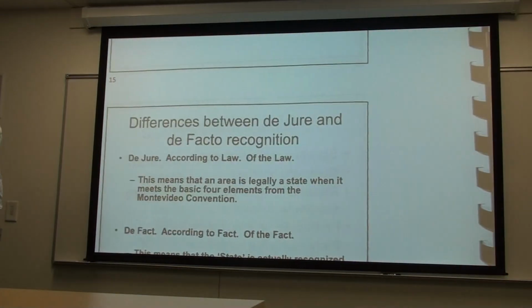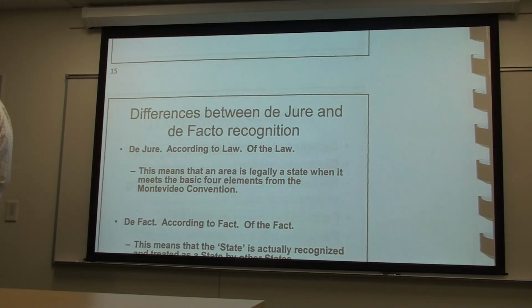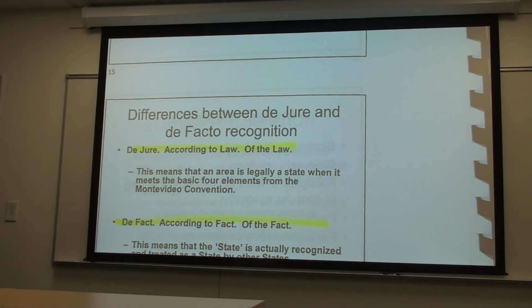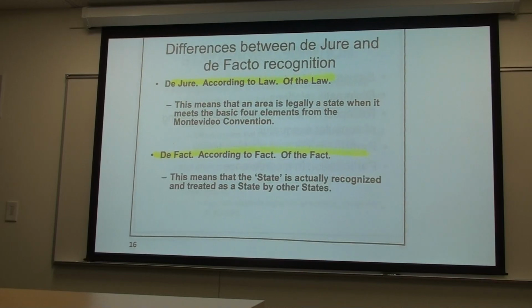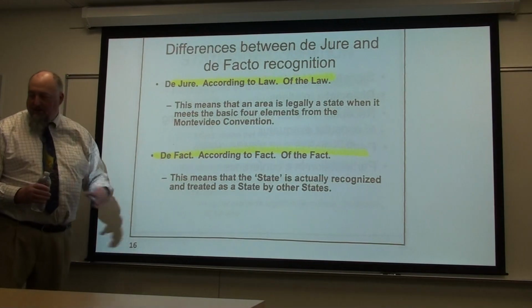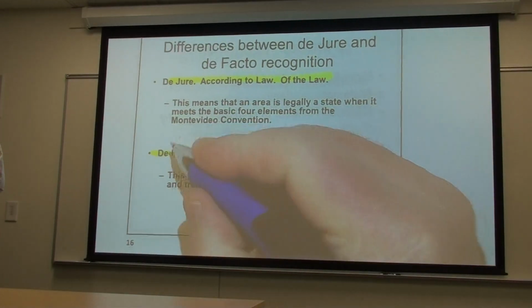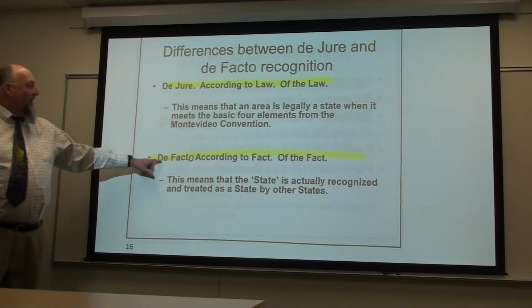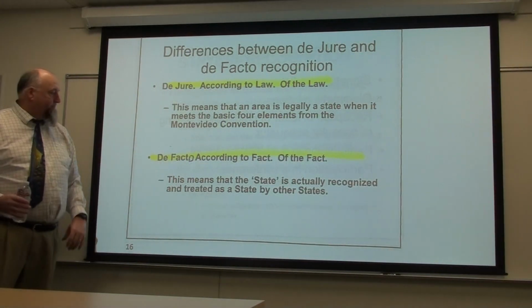Yeah, here we go. Page 57. So de jure means according to the law, and de facto, that should say de facto, spelling error there, I just realized. De facto means according to the fact.